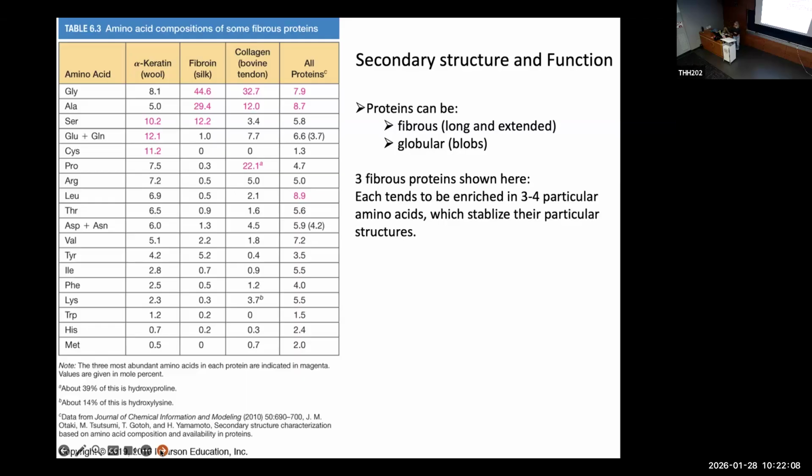And we can see highlighted in red here the most common amino acids in each of these fibrous proteins by quantity. So if we look at collagen, do you have any predictions, just straight off the bat, of types of secondary structure that this might adopt?